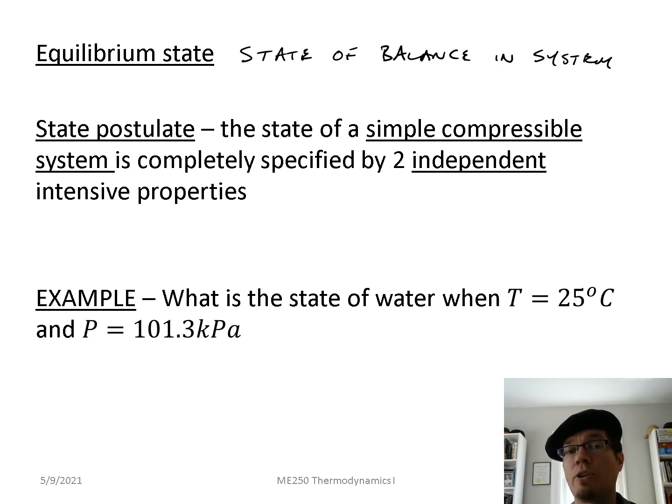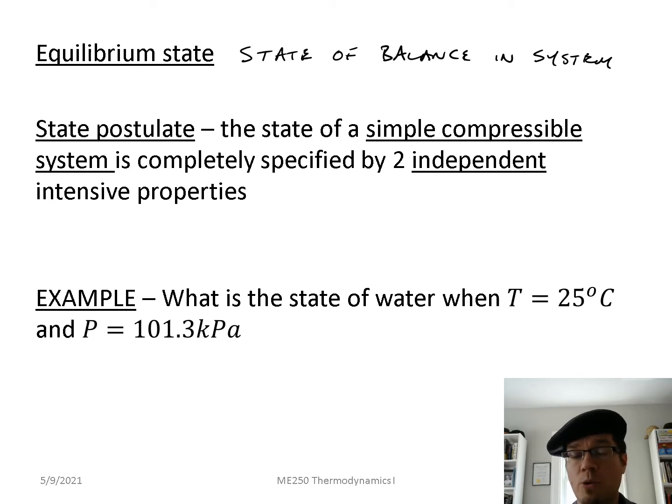You can also talk about system plus surroundings equilibrium, and for those to be in equilibrium, there needs to be no heat transfer between the two. There needs to be no work transfer. There needs to be no mass transfer. Again, if you walk away and come back, nothing should change.